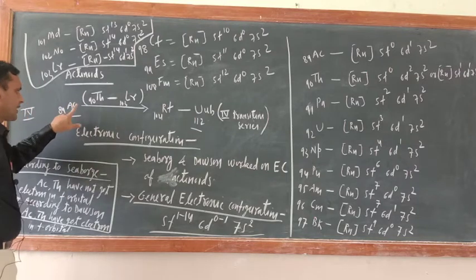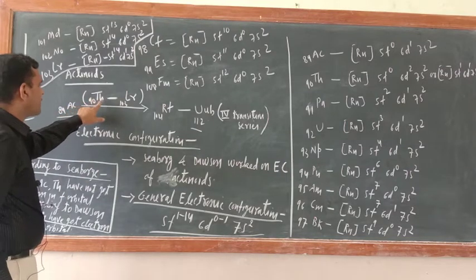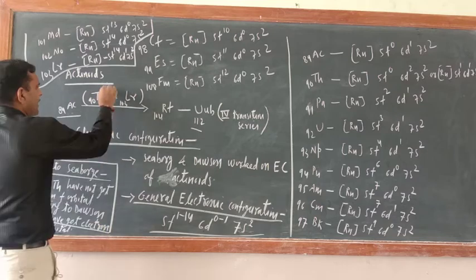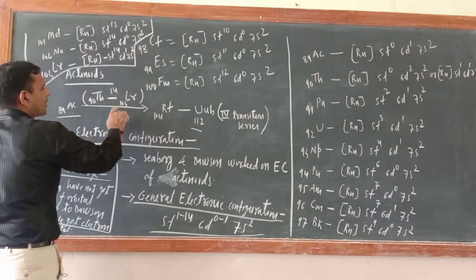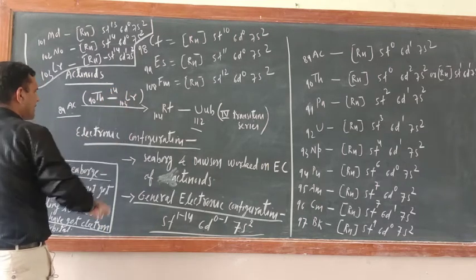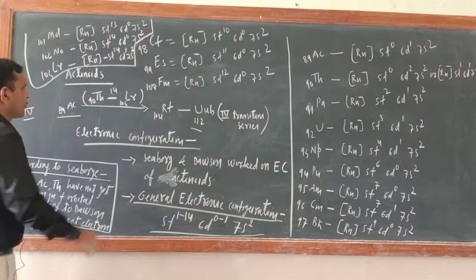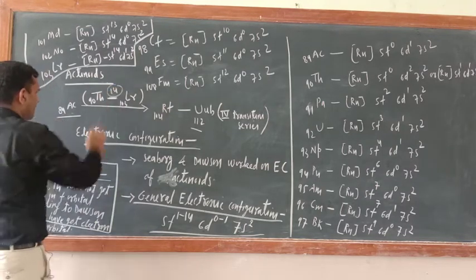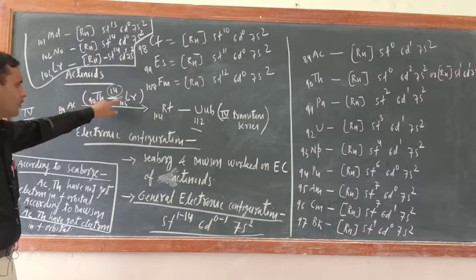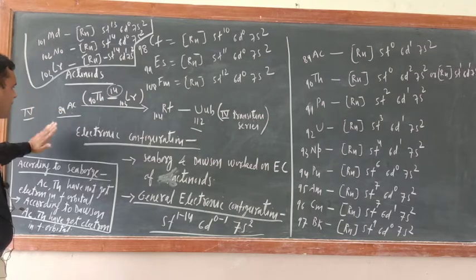Actinium 89 is there. After actinium, 90, thorium to lawrencium 103, they are the actinide members. Total 14 elements are there, thorium to lawrencium. No problem at all.